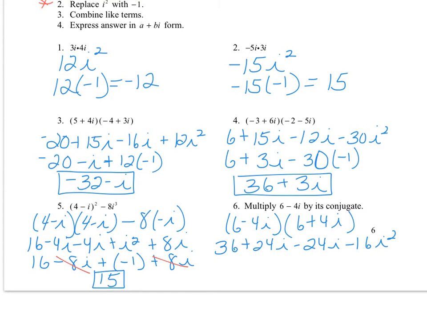The 24i's cancel each other out. I have 36. i squared is a -1, so it's minus 16 times a -1. So that becomes a positive 16. So 36 plus 16 gives me 52. All right, let's take a look at some other problems on the next page.